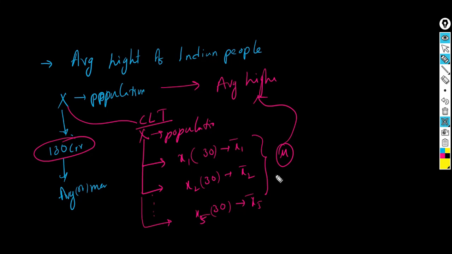Now you got the idea, I think. Here we can say that instead of finding the heights of 130 crore people, by just taking 5 into 30, 150 people, and using only those 150 people's heights, we got the average height. This is the beauty of the central limit theorem.